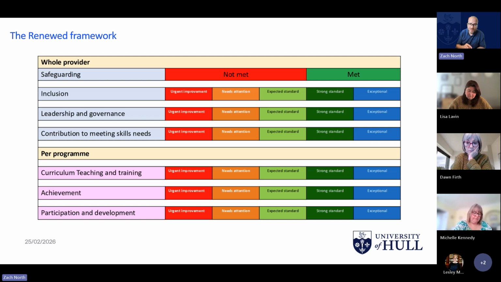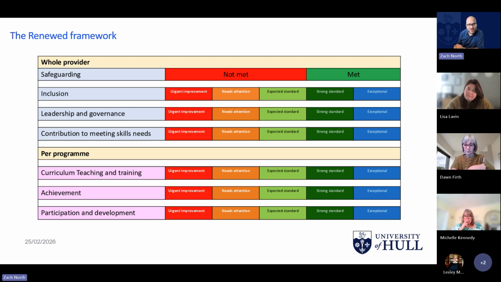We'll get three for apprenticeships as a whole, our whole apprenticeship provision. But because we also have skills boot camps, you would get a judgment based on your skills boot camp provision, which would sit separately from apprenticeships. And the big difference, obviously, is the way that they grade it: it goes from urgent improvement, needs attention, expected standard, strong standard, and exceptional.